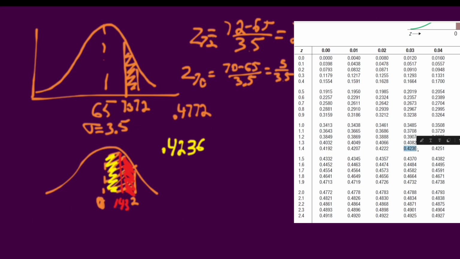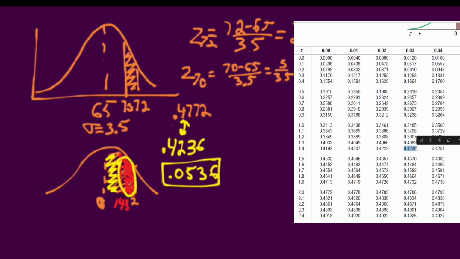Now the difference between these two is this red area here. We have 47% as the larger chunk, 42% is that yellow chunk, and what's left over is the red in the middle. So that is going to be 0.0536, if I've done the math correctly.